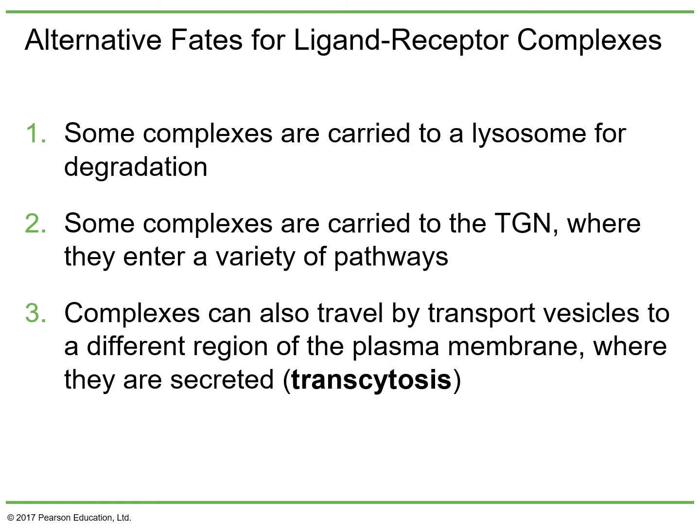Sorting receptors and ligands is not always as simple as sending the receptors to the plasma membrane and then retaining the ligands in the endosomes. There are three alternative fates for ligand-receptor complexes. First, some receptor-ligand complexes, like say the epidermal growth factor and its receptor, are carried to a lysosome for degradation.